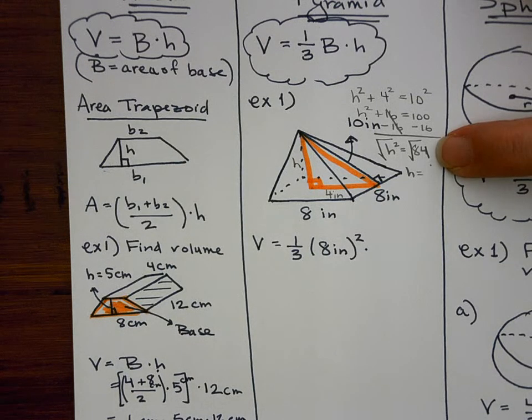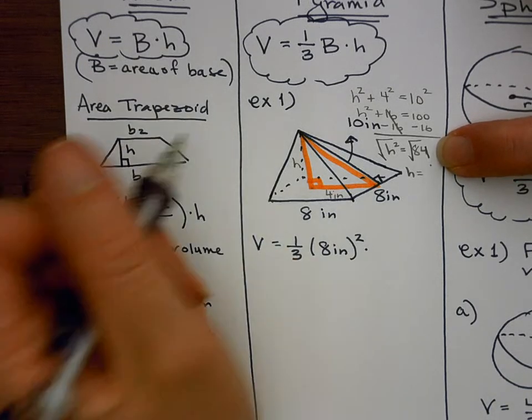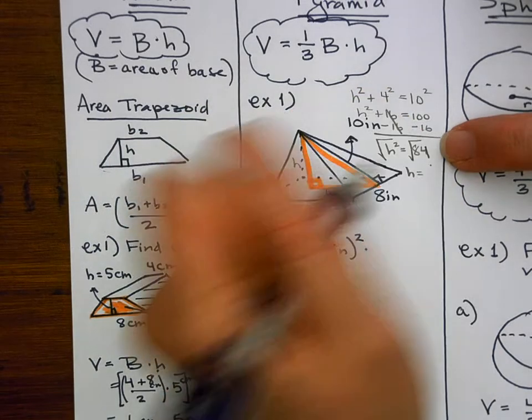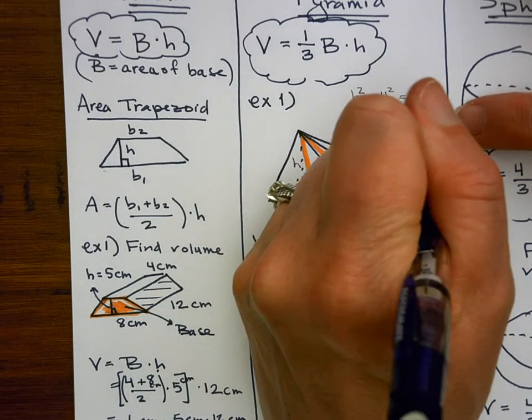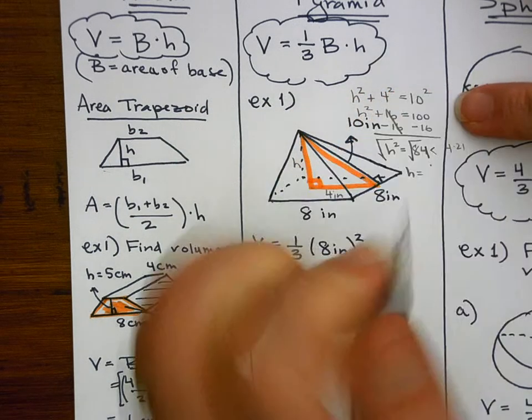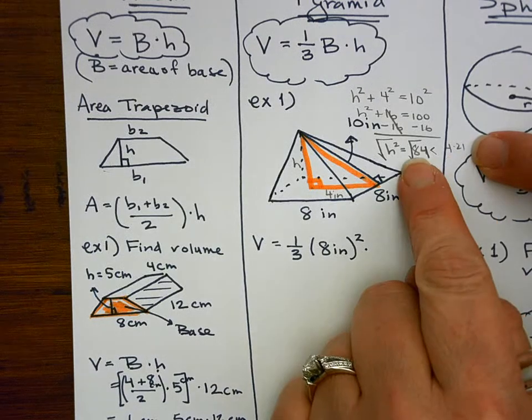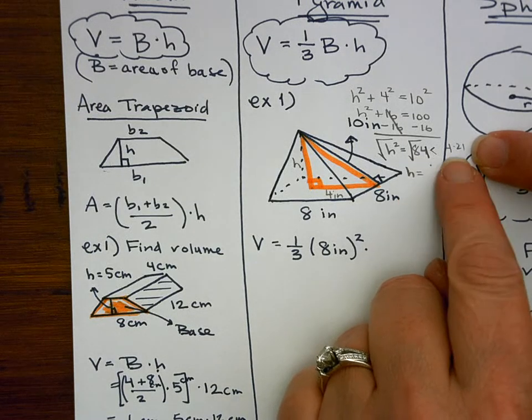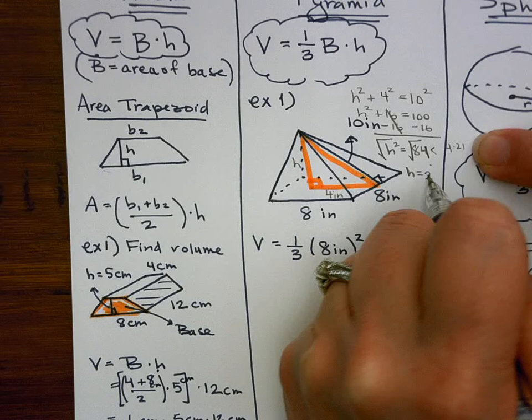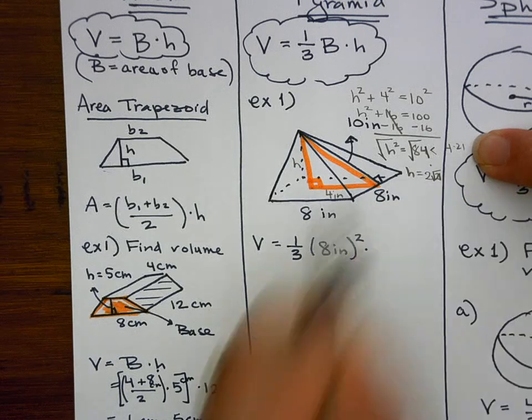And I can leave it as the square root of 84 in terms of a radical, or I can do decimals, but I know for 84, 4 goes into that, so that's 4 times 21, right? So 4 goes into 8 twice and into 4 once. So the square root of 4 is 2, and then I don't know the square root of 21, so that's kind of squished in there.